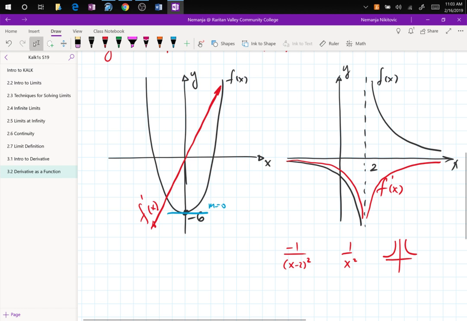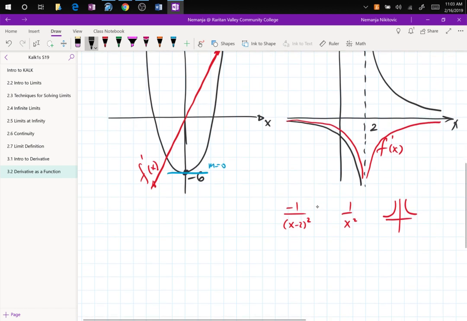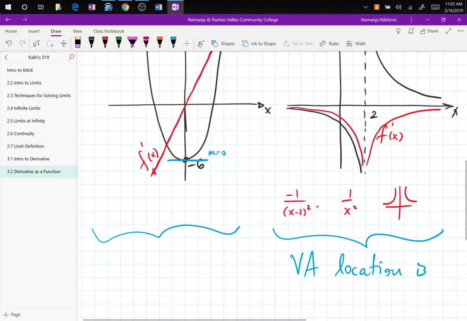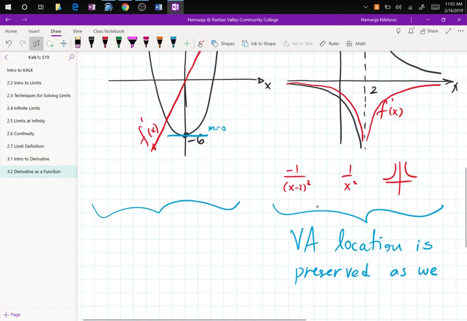For the second one, we learned that the vertical asymptote location is preserved as we go from f of x to f prime of x.